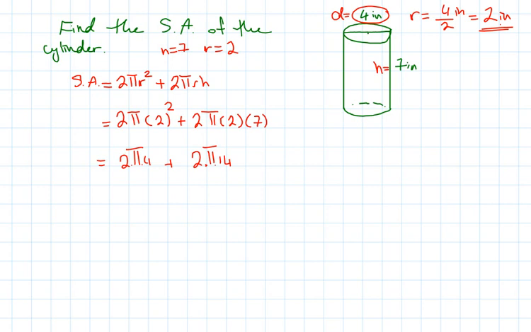So 2 times 4 is 8 pi plus 2 times 14 is 28 pi. Altogether is 36 pi. And that number you can put in a calculator. 36 times 3.14 would be 113.04. That's it.